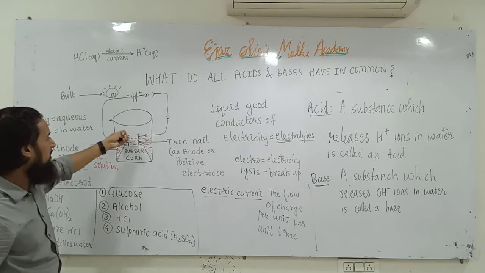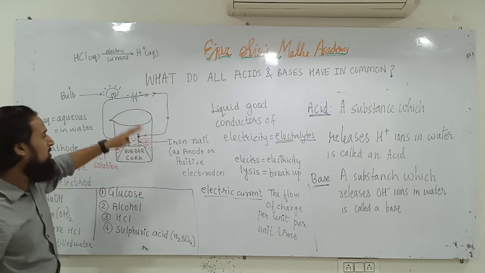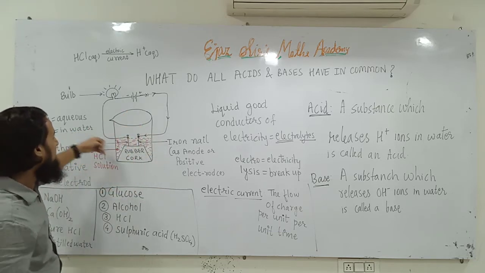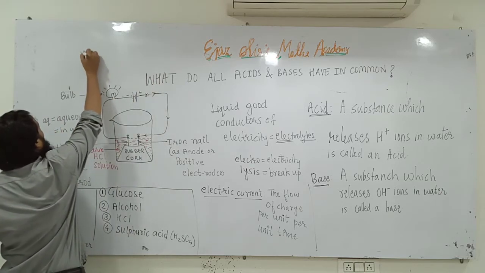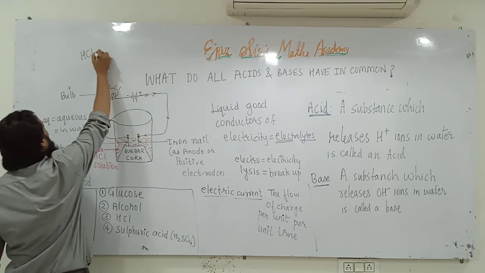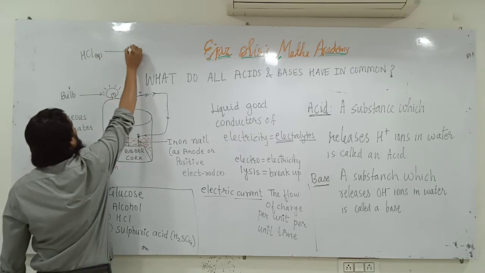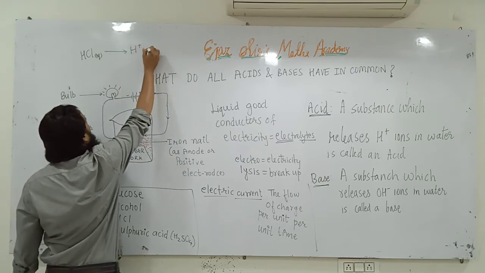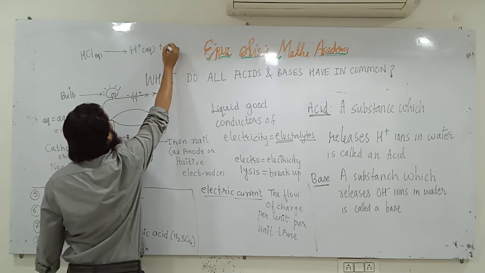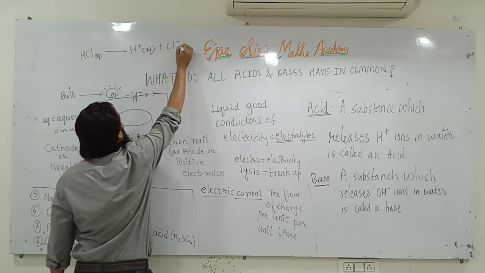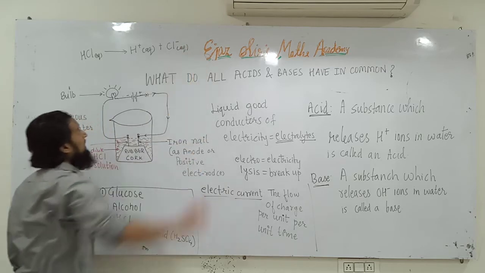As soon as we put hydrochloric acid in water, H positive ion will get separated. H positive ion aqueous, it is necessary to write aqueous, and Cl negative ion in water aqueous get separated.